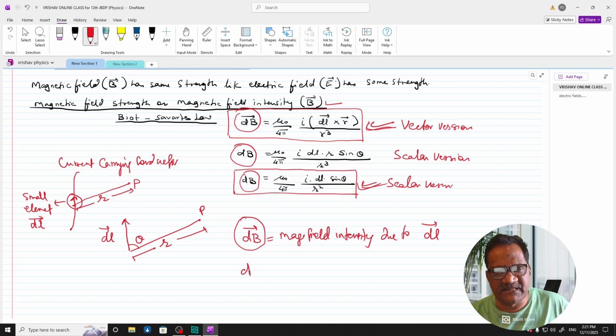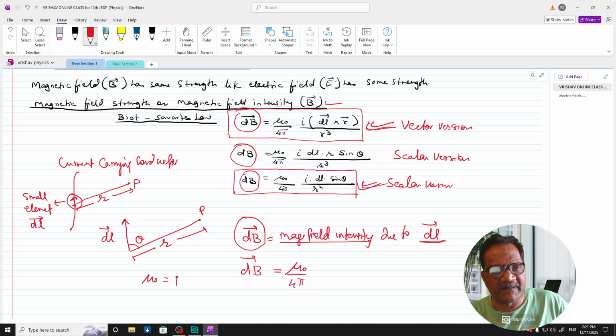So this dB is the magnetic field intensity due to the small element dl, and this is the formula for dB. It will be equal to mu 0 upon 4 pi. Now this mu 0 is known as permeability.